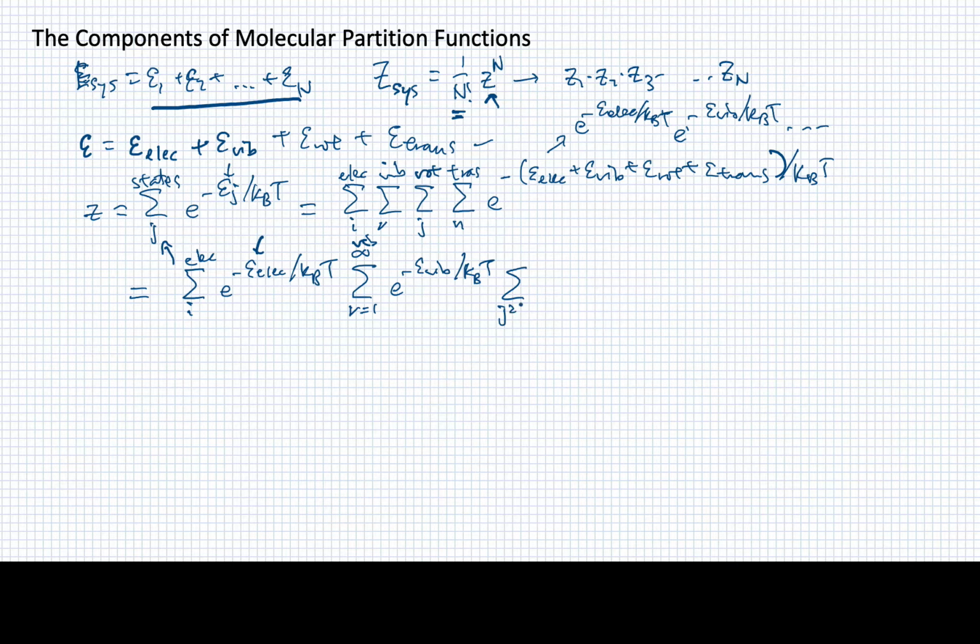For rotation, I actually have more than one rotational quantum number typically. I'm just going to list the one here, e to the minus rotational energy over kBT, and another one for translation, which has the three quantum numbers nx, ny, and nz, but will be written simply as e to the minus translational energy over kBT. So I hope you don't mind my shorthand here, not explicitly listing the quantum numbers as parts of these energies, but I wanted to make the notation a little bit simpler.